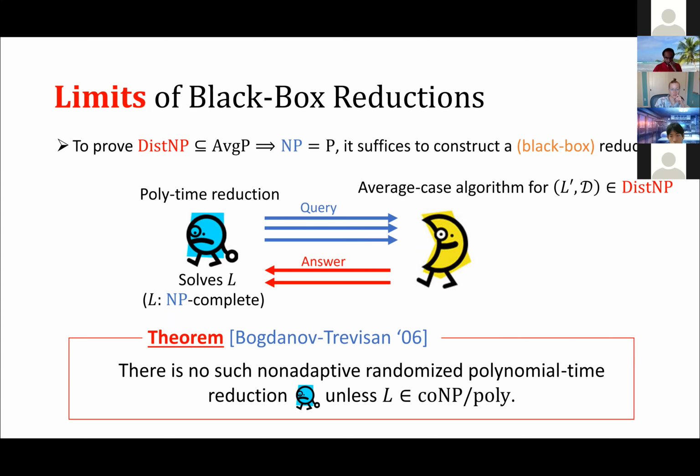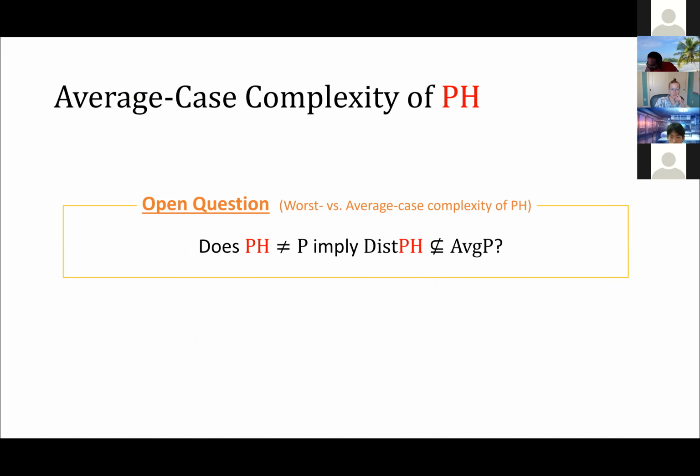In fact, not only for NP, it is still an open question to prove the corresponding statement about PH. To be specific, assuming that PH is different from P, can we prove that PH is hard in the average case sense?